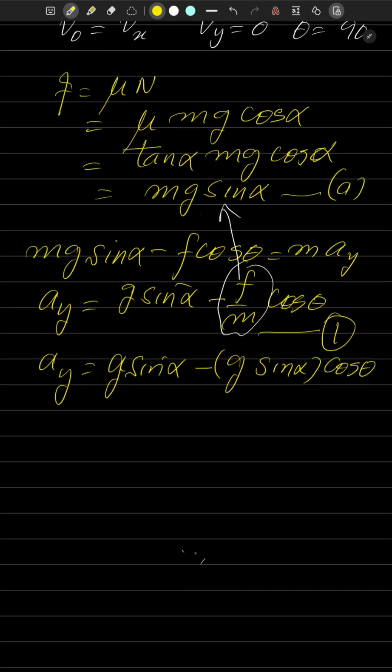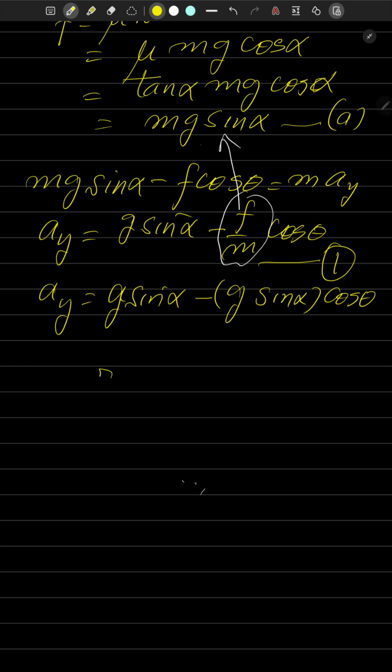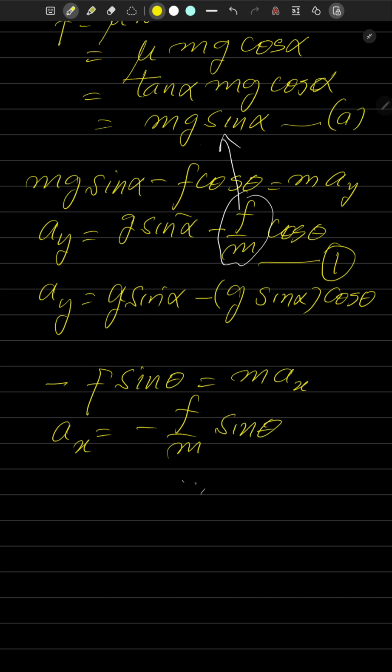F sin theta in this case will give you a retardation along the x-axis. So what is the acceleration along the x-axis? This is f by m sin theta. From equation A, you can place f by m as g sin alpha, along with that sin theta.